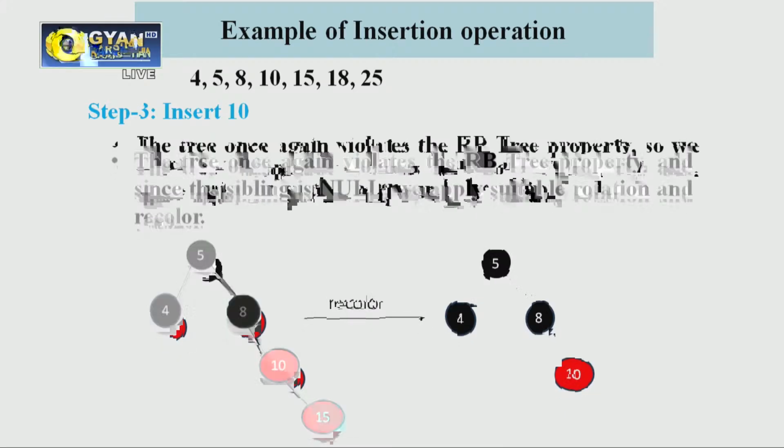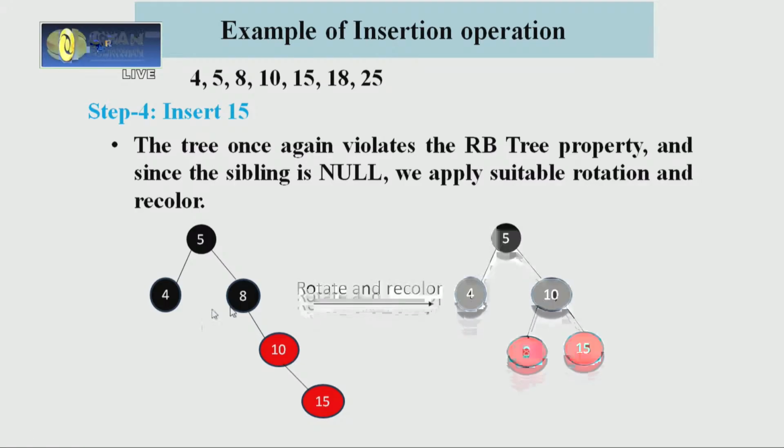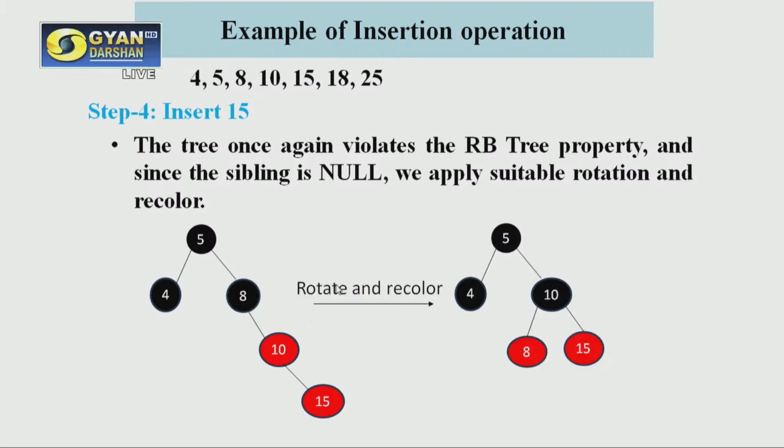Now again there are two consecutive red nodes, 10 and 15, and we can see that here we will apply rotation, because the balance factor of 8 is -2. So we will rotate as well as recolor also.